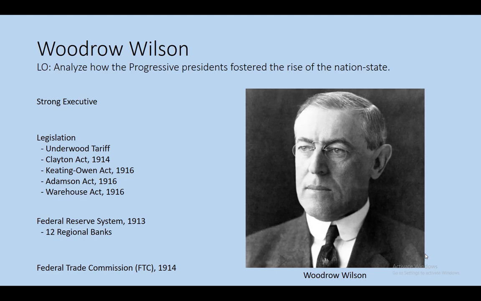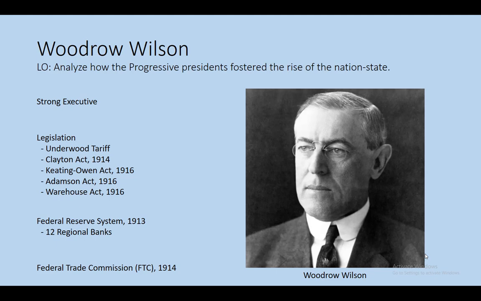So under Wilson, the role of the federal government does expand, but in different ways than what we saw under Roosevelt and Taft. Wilson is going to be abandoning the idea of aggressive trust busting in favor of greater government supervision of the economy. One way he does this is through the Federal Reserve System in 1913.